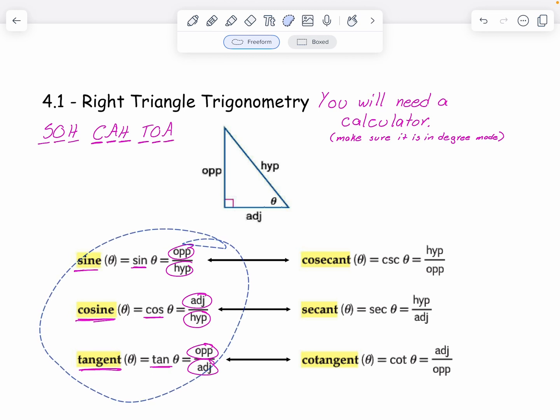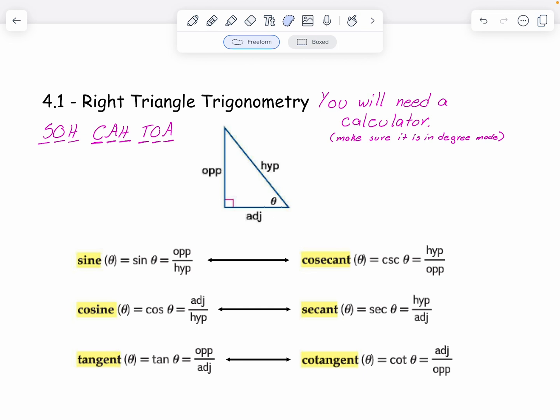Now we're going to take a look at the inverse functions for that as well. So if we look at the inverse or reciprocal functions, the reciprocal of sine is cosecant. And we know that reciprocal just means flipped over. So if cosecant is the reciprocal of sine, and sine is opposite over hypotenuse, then that means cosecant is hypotenuse over opposite.